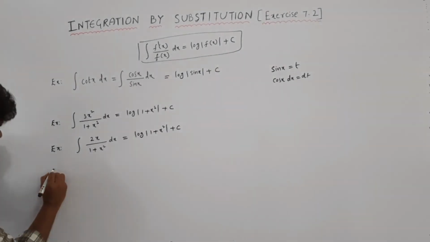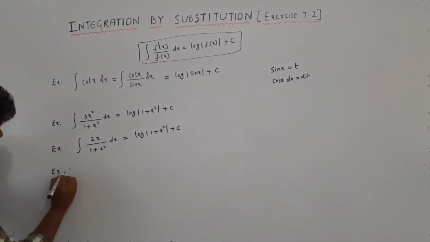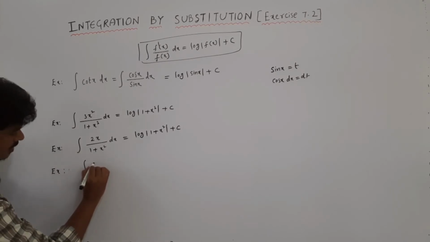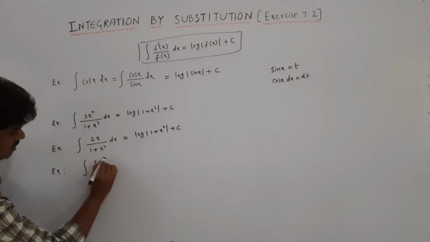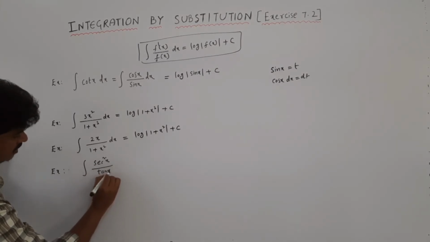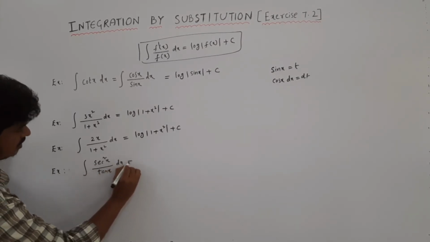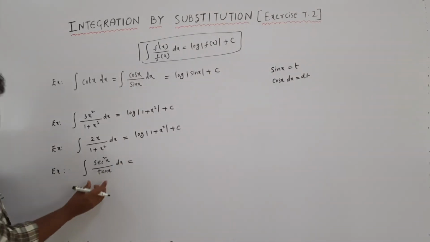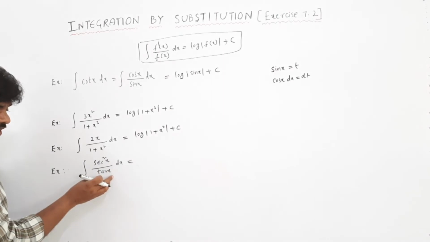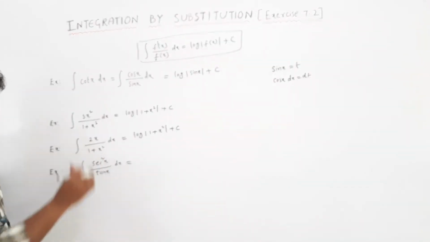Next, the fourth one. What is the integral of secant square x divided by tan x dx? Now, the denominator is tan x. The derivative of the denominator is secant square x.